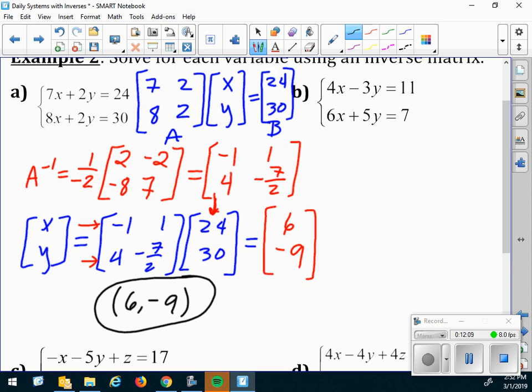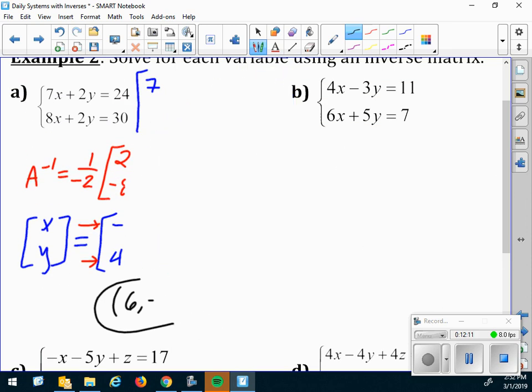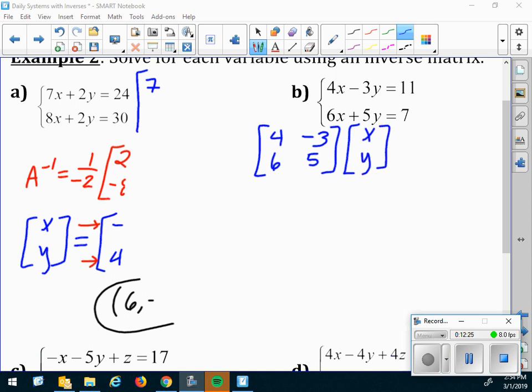Next question. Write this one down. Your variable matrix, 4, -3. Now what are we going to call them?